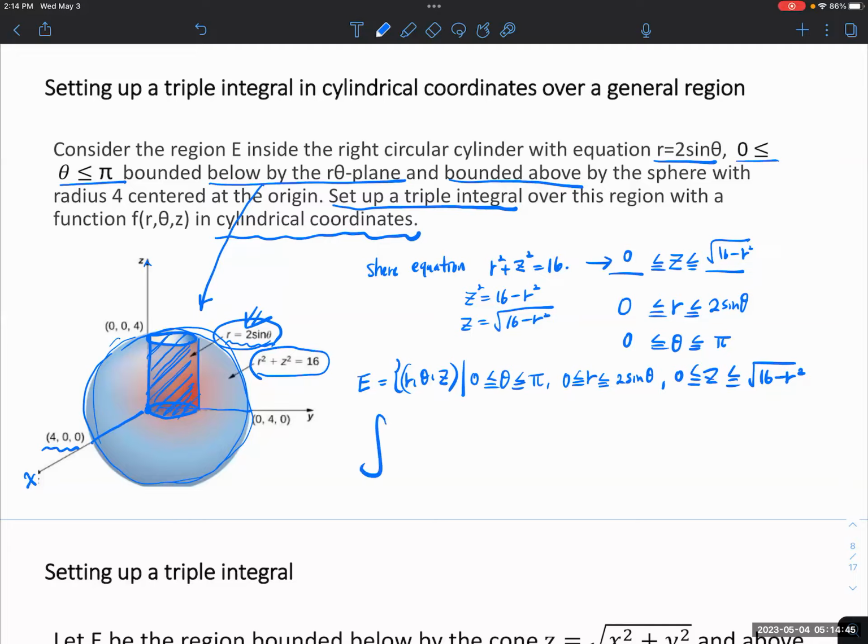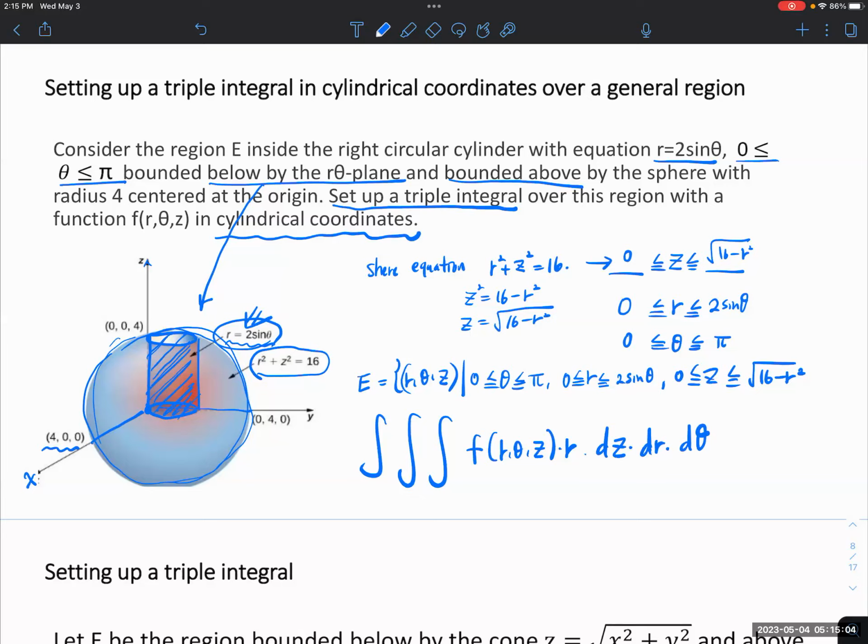So now you can set up the triple integral. Now the formula: we don't know the function, so for the r, theta, z, just write down all the information. I'm going to write dz, dr, d theta.